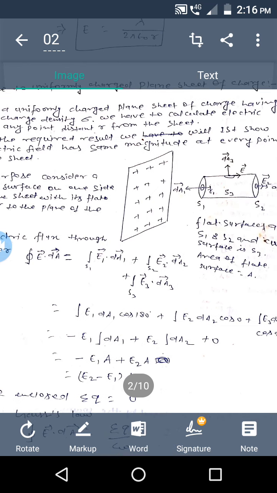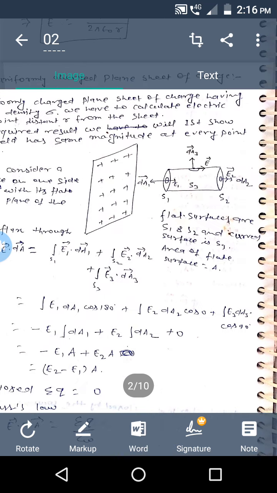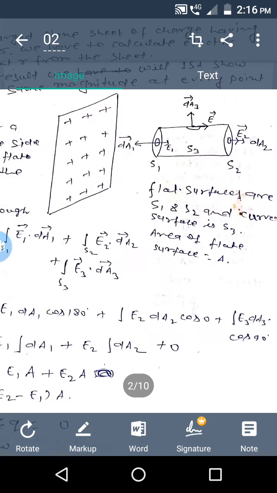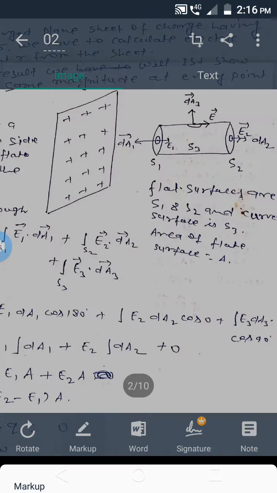Now, the electric field due to the infinite plane charge sheet remains constant near the sheet. First of all, we will prove that the electric field due to the infinite plane charge sheet is constant. For this, consider a cylindrical Gaussian surface.